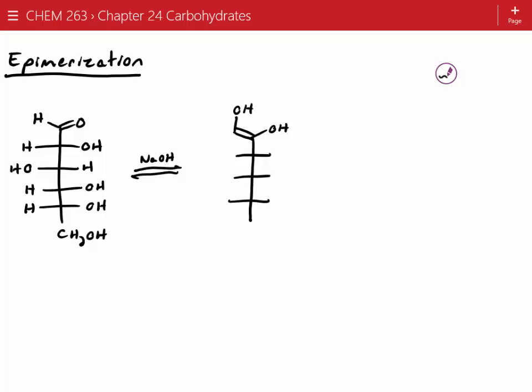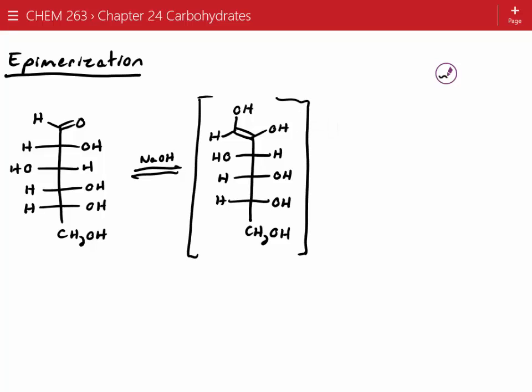It's essentially like an enol of our aldehyde. It's not favored in solution. It's very, very fleeting, and so it's actually impossible to isolate this. But what we call this is an enediol.